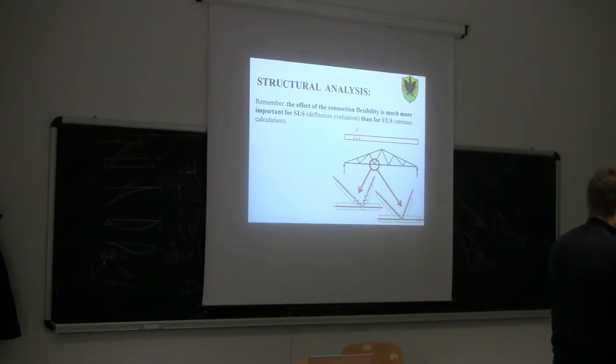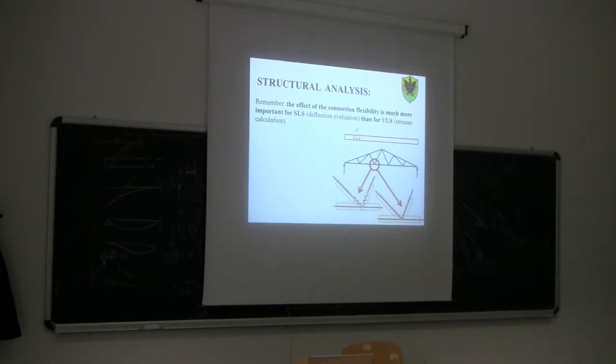We should double it. We should halve it. So if the limit is 2 centimeters, according to this table that I gave you before, if you don't consider this, you need to lower this to 1 centimeter, because otherwise we are going to underestimate by far what is the actual flexibility.